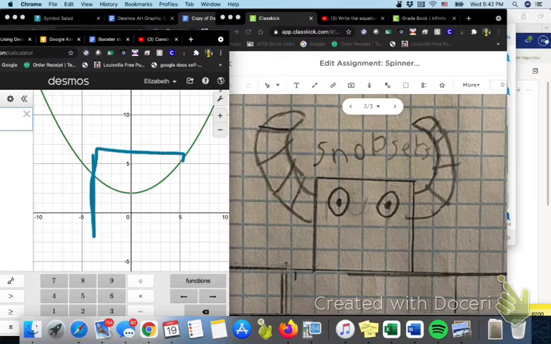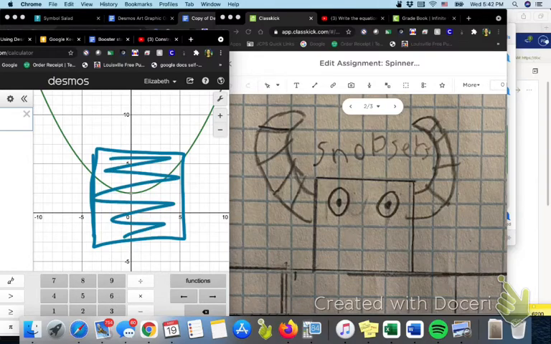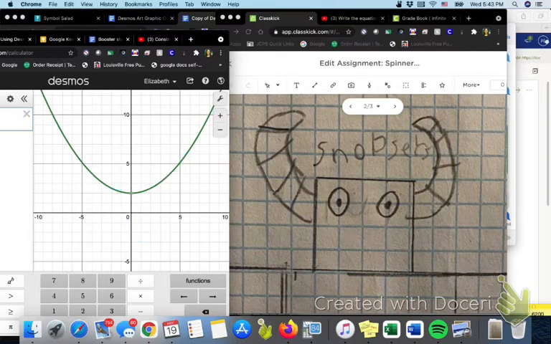Because the guy's head, if we look at the picture, is going to be somewhere in there. And so we really want to cut out this little area here of the parabola so that we only have the little horns coming out to the side of that piece.